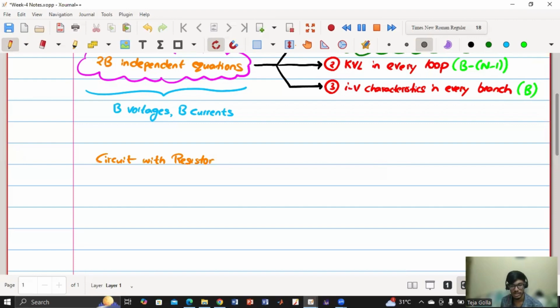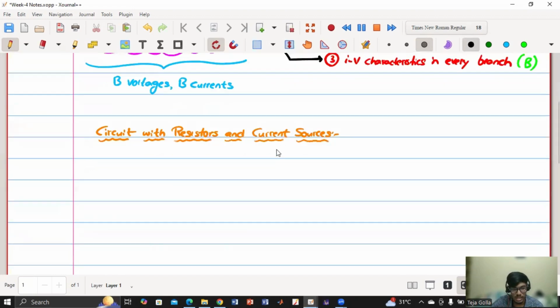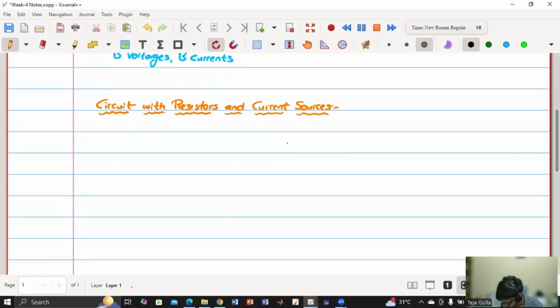First, we'll start with the easiest circuit and slowly add some difficulties, and we'll see how we are going to address them. So let me draw the circuit that Sir had considered in his lectures.